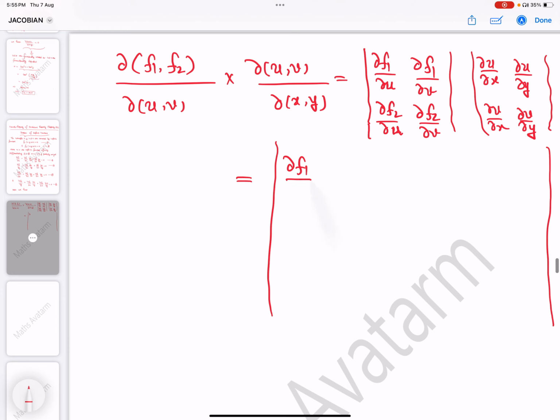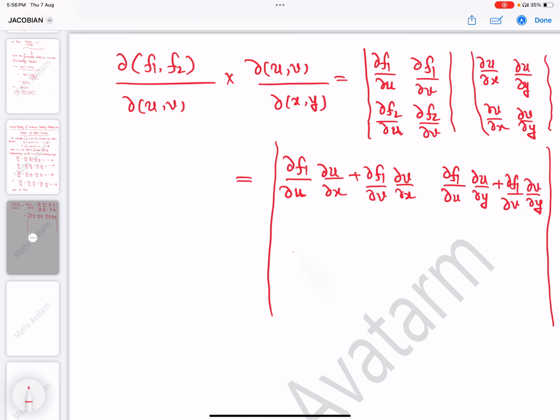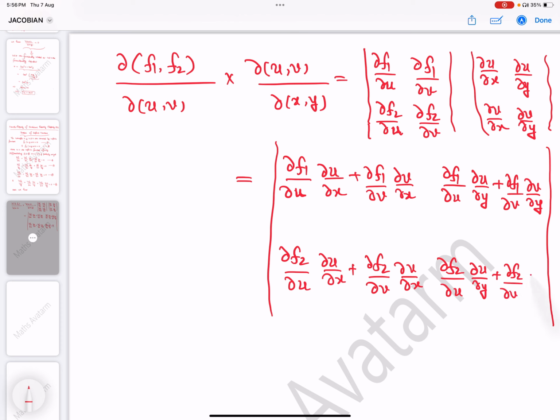Del f1 del u del u del x plus del f1 del v del v del x, del f1 del u del u del y plus del f1 del v del v del y, del f2 del u del u del x plus del f2 del v del v del x, del f2 del u del u del y plus del f2 del v del v del y.